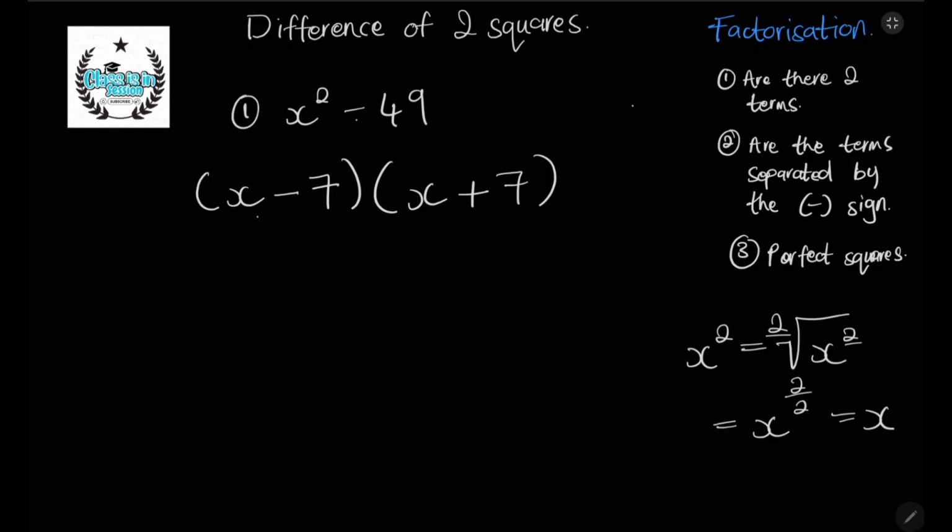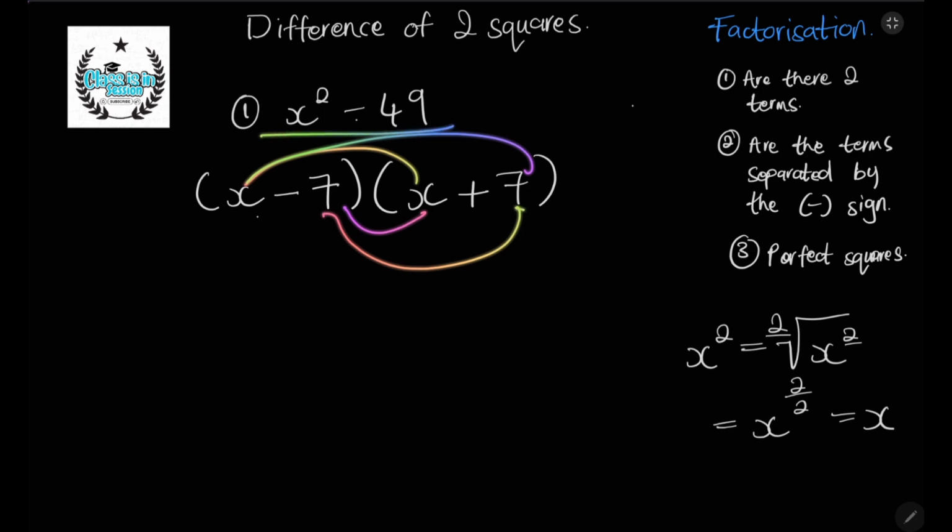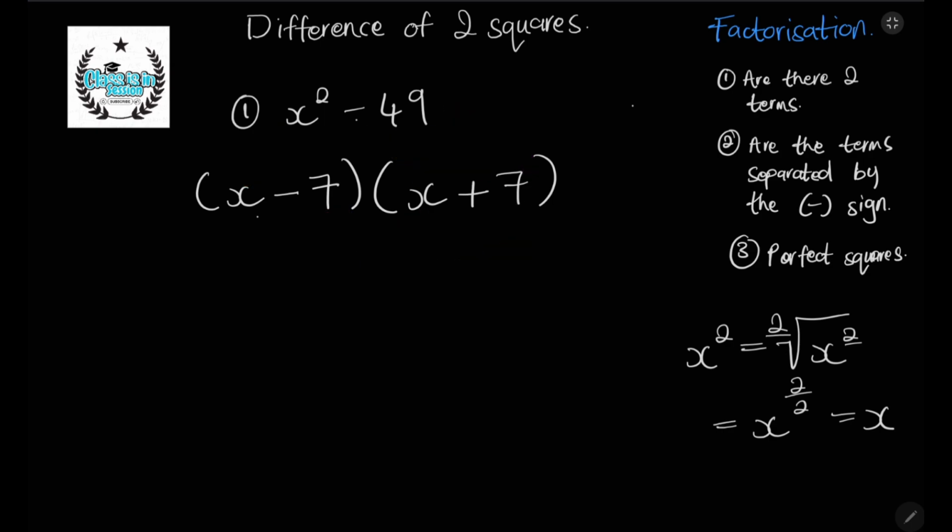You factorized at this point, and remember, you've done products, right? So distributing this like that, as you've done in the previous videos, should give you that. If you want to make sure, we can just distribute this. We'll say x times x, which is x squared. Then x times positive 7, you have plus 7x.